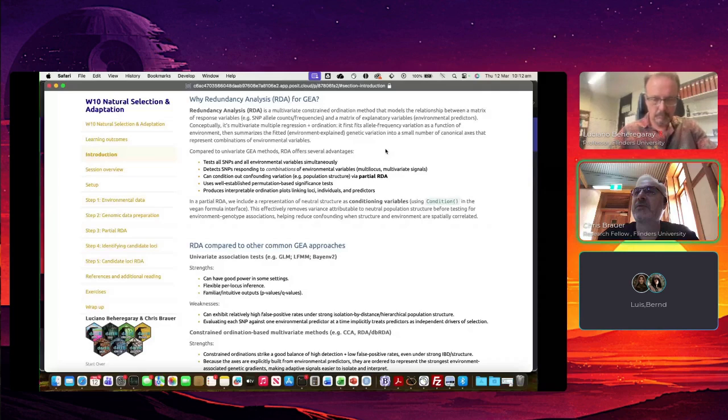And so if you're not thinking about the neutral structure within your data, then that information can quite easily confound your assessment of local adaptation.